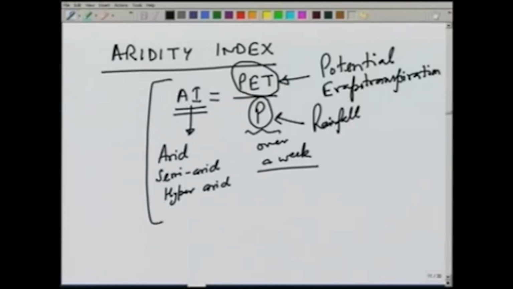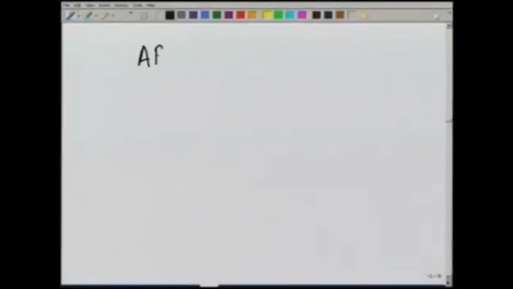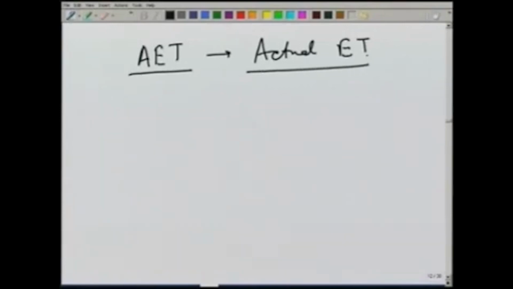The other term which is used sometimes is the actual evapotranspiration. So, sometimes the aridity index is also defined on the basis of the ratio of actual and the potential evapotranspirations.